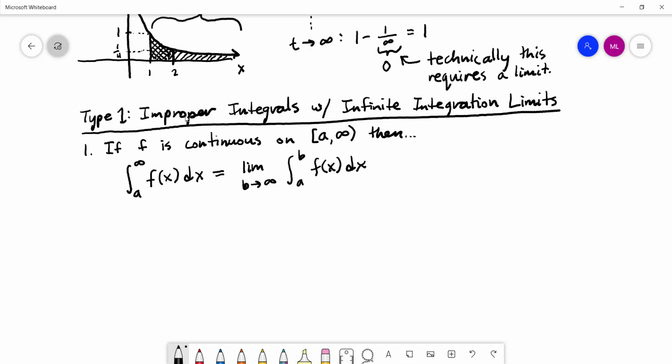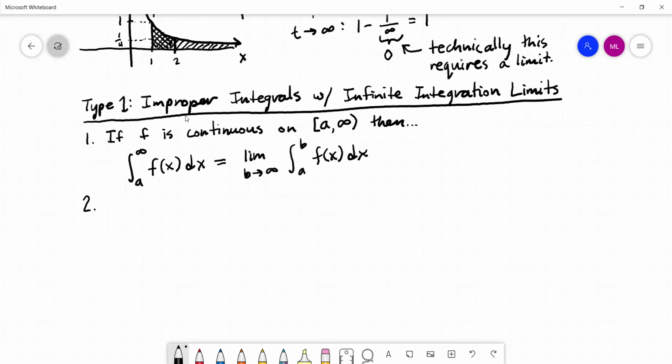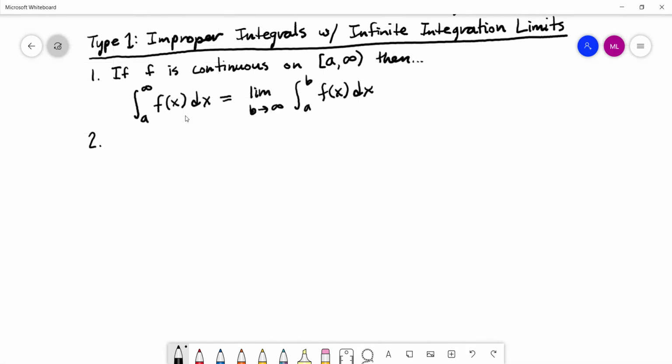In case 2, we'll look at what happens if the infinite bound is the lower bound. What if our function is instead continuous from negative infinity up to some point b? Then the same thing holds true. We'll have negative infinity as the lower bound, b as the upper bound, f of x dx.